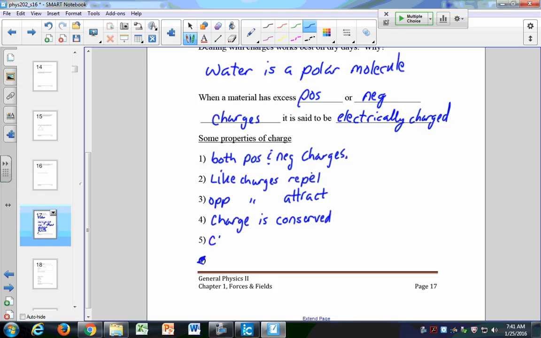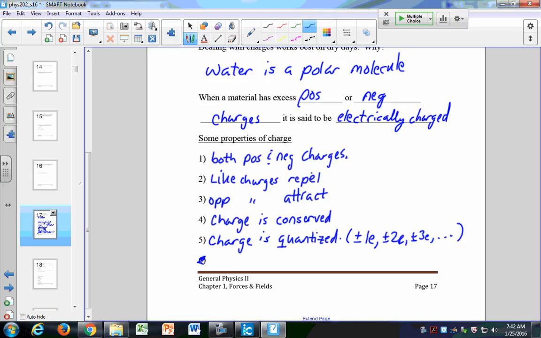There is no number 6, I'm sorry. Charge is quantized. That just means that charges come in particular quantities. The fundamental unit for charge, I'll write that on the next page, is called E. My charges come in units of plus or minus 1E, plus or minus 2E, plus or minus 3E, and on and on.